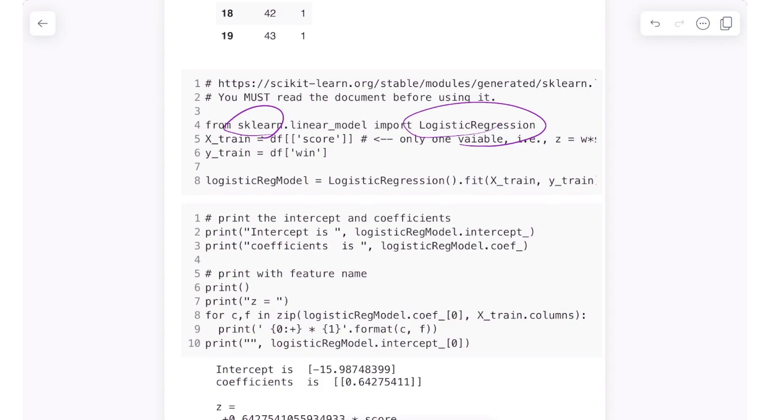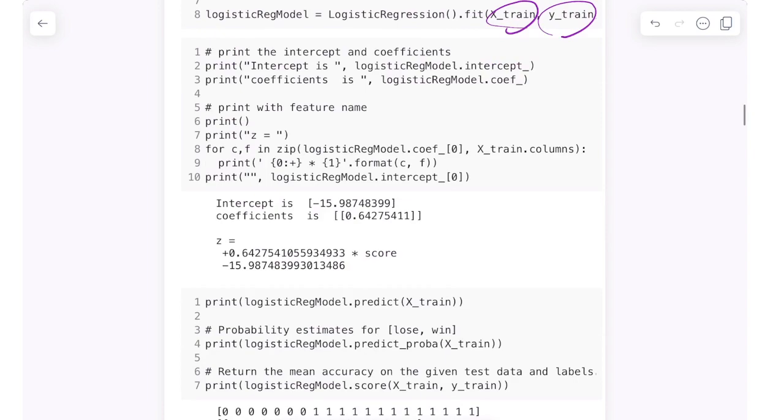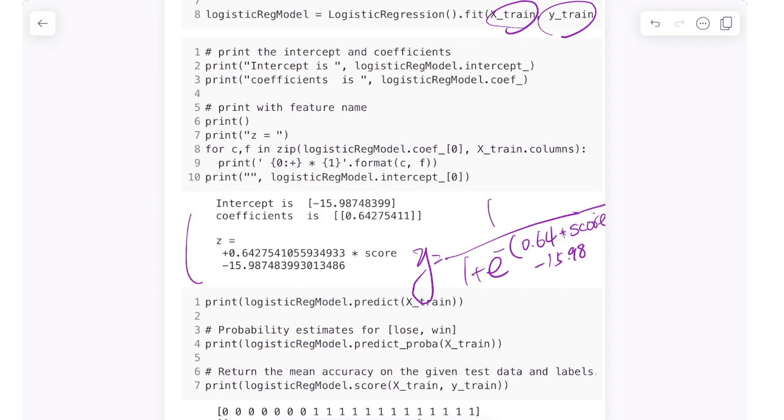We simply feed the big X and big Y to the model, and here is the result. For this example, y equals 1 over 1 plus e to the minus (0.64 times score, plus or minus 15, something like that).